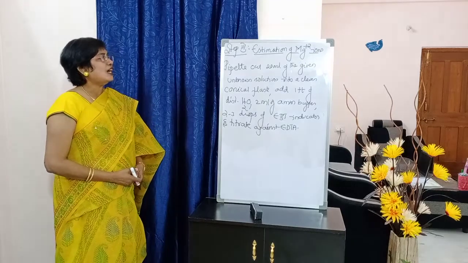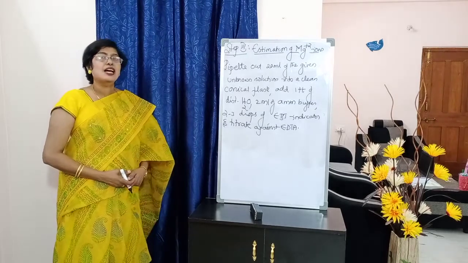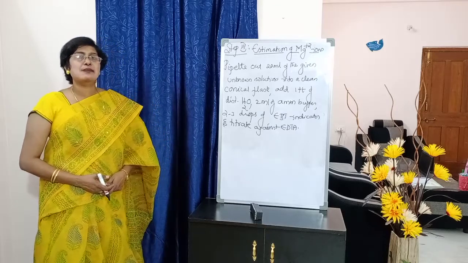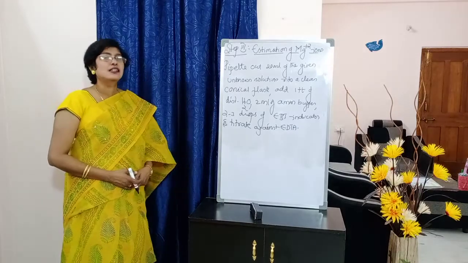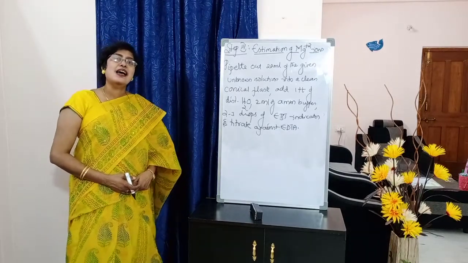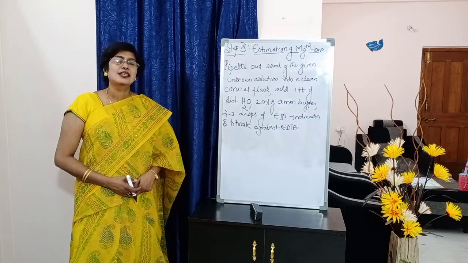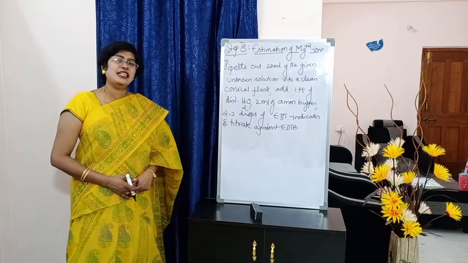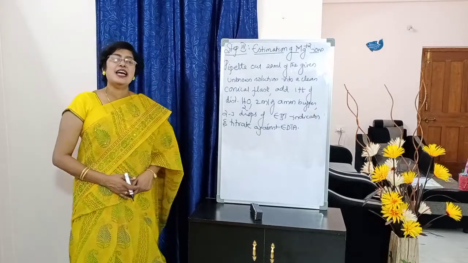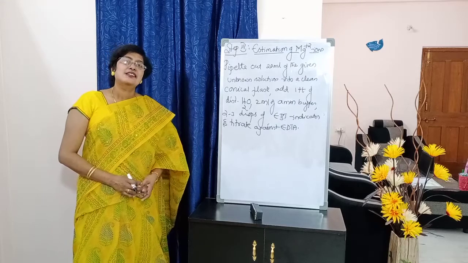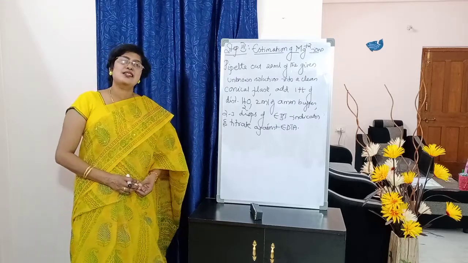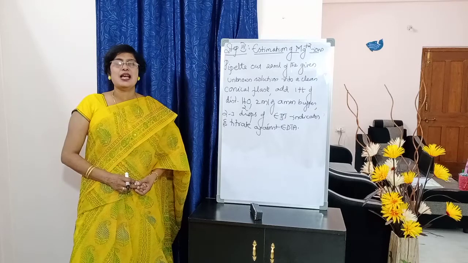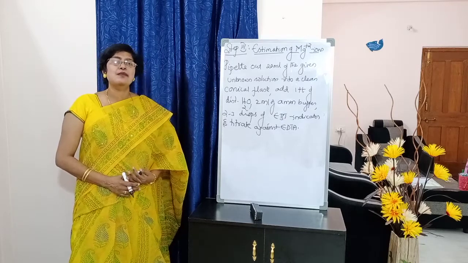So pipette out 20 ml of the given unknown solution into a clean conical flask, comma, add 1 test tube of distilled water, comma, 2 ml of ammonical buffer, comma, 2 to 3 drops of EBT indicator, and titrate against EDTA taken in the burette till the color changes from pink to blue.